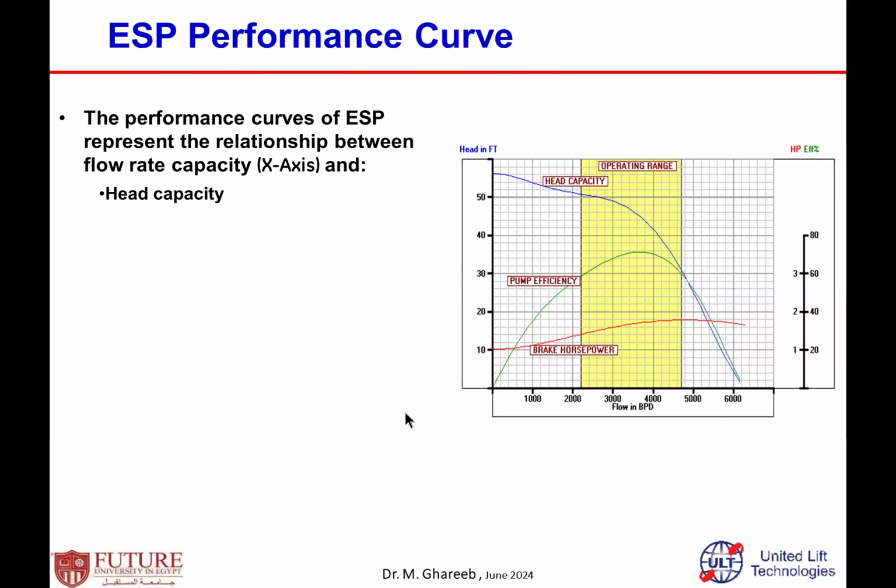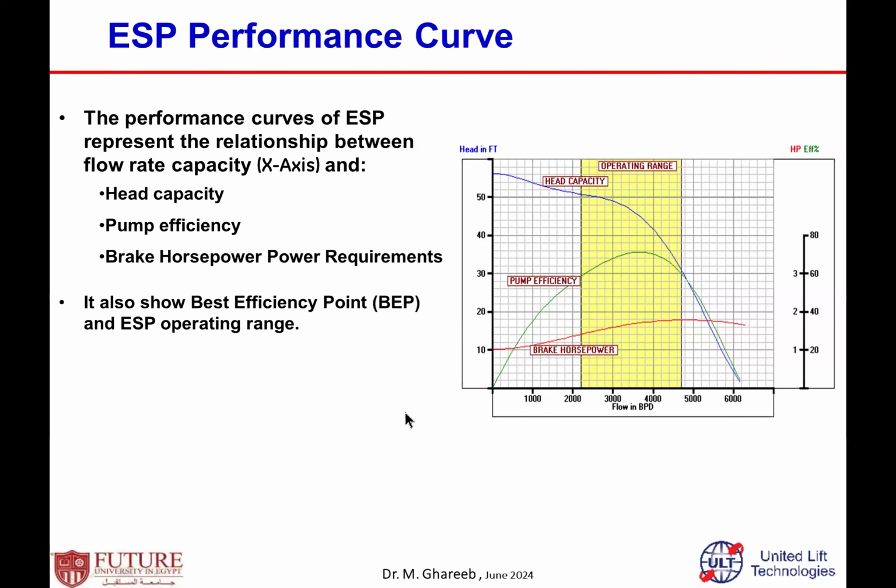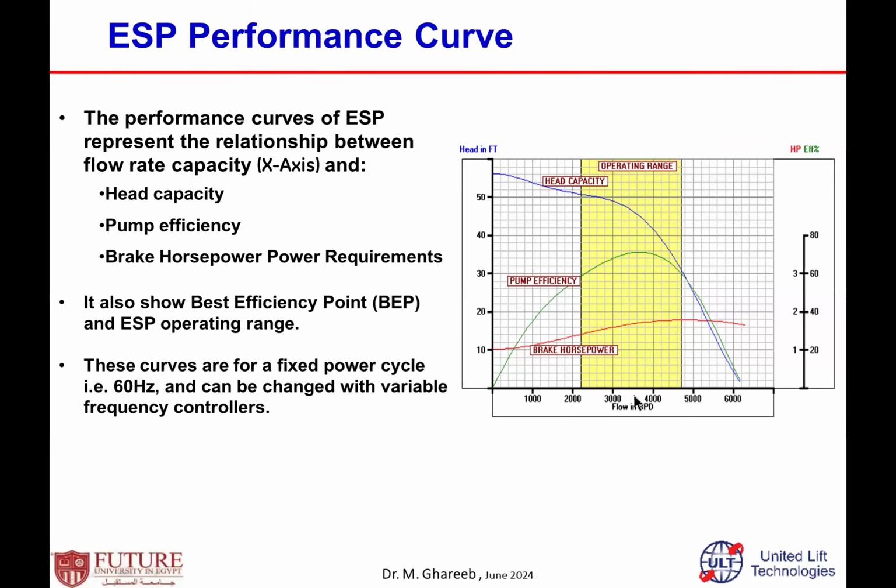Then you have to calculate the head per stage, the pump efficiency, and the brake horsepower, and also see the best efficiency of the production. Each curve is characterized by what? By the pump type or stage configuration, and by the speed, meaning what hertz it is running at, and so on.